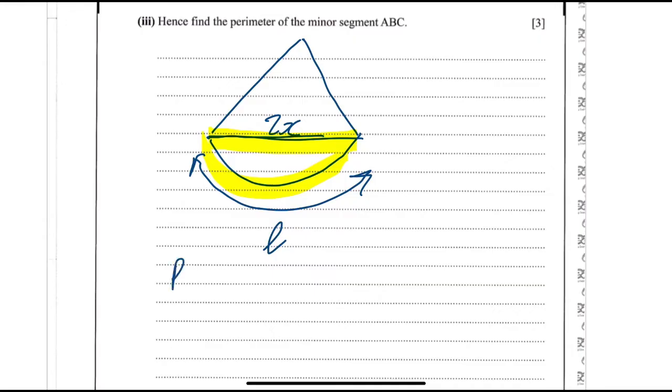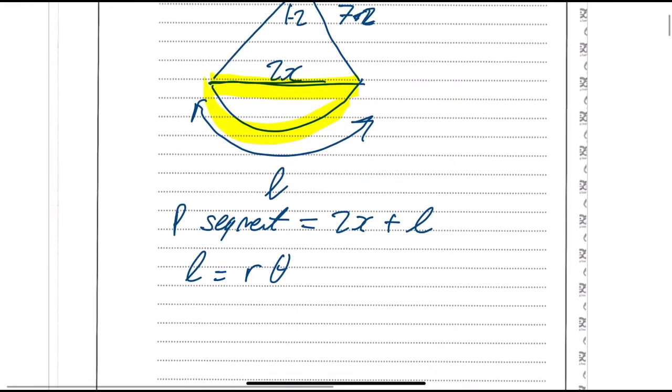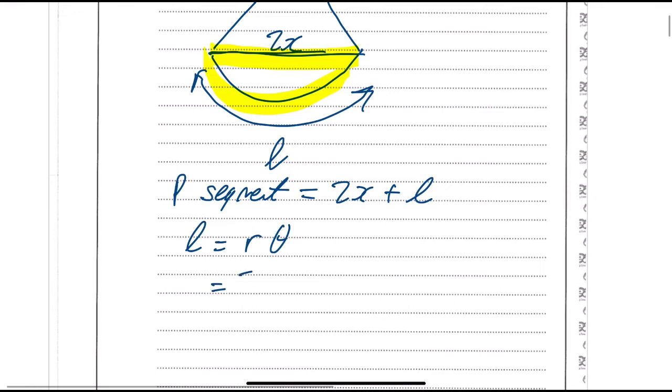So the perimeter of the segment is going to be equal to our 2x, which we've just worked out, plus L. Now L, if it's in radians, is r theta. The theta was 1.2, and the r was 7.2. So r theta is 7.2 times 1.2, which works out as 8.64.